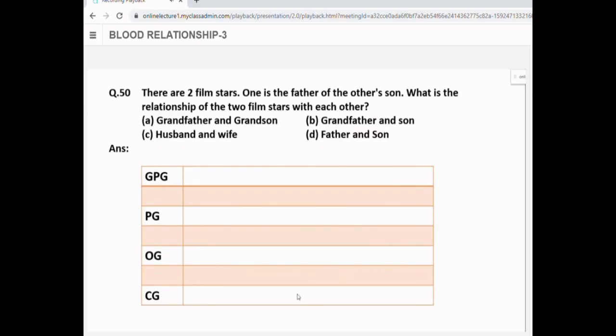There are two flame stars. Look at the explanation now. Now, send. Yes, those who have drawn diagrams, send it. Someone sent just now. In another, WhatsApp me.